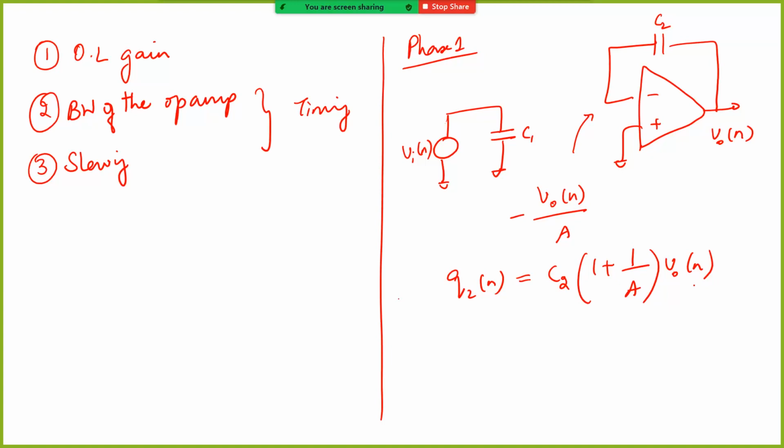So basically what is going to happen is that in phase 1, there is going to be a small residual voltage here at the negative terminal, which is given by minus V naught of n by A. And that value is going to reduce as A increases. Okay. In phase 2, what happens? In phase 2, you have this capacitor going into your op amp.